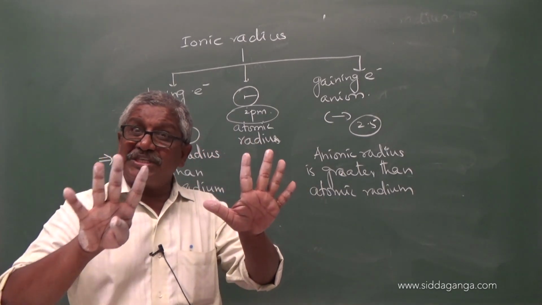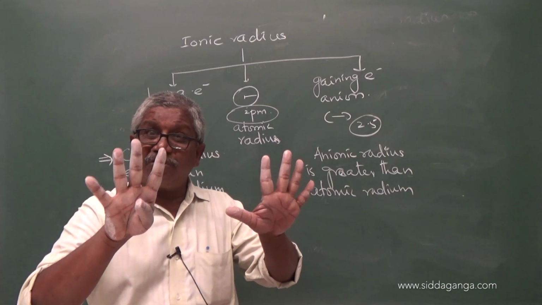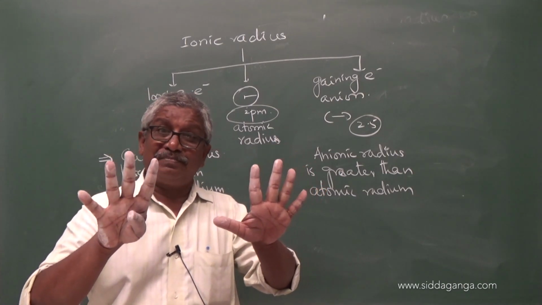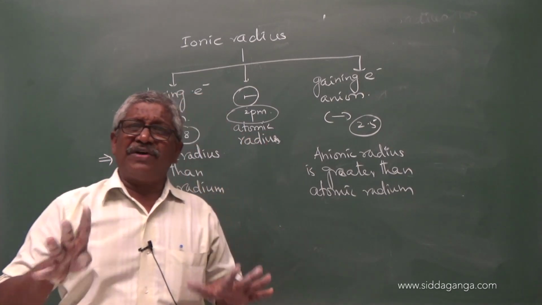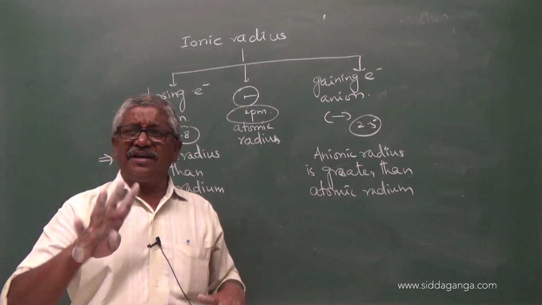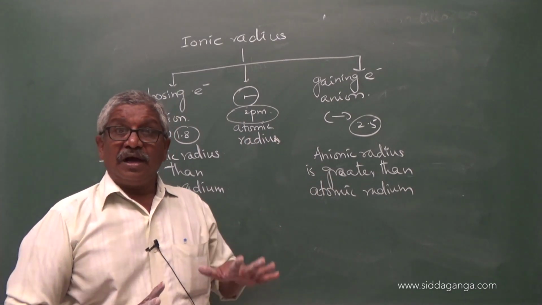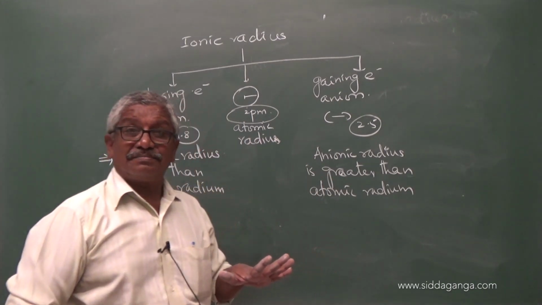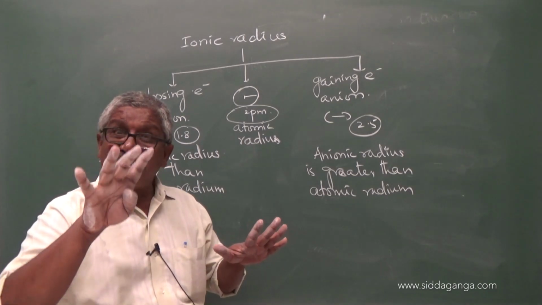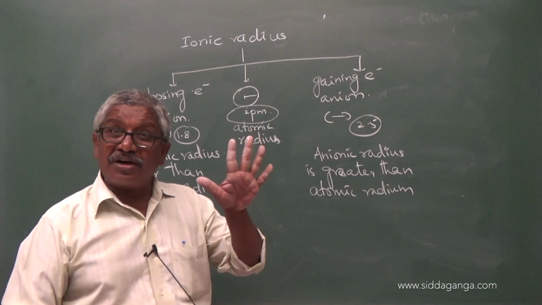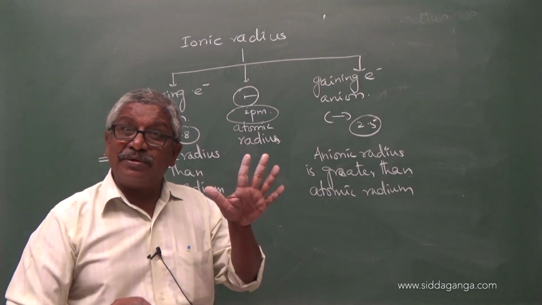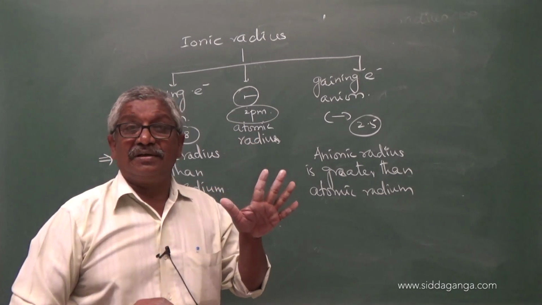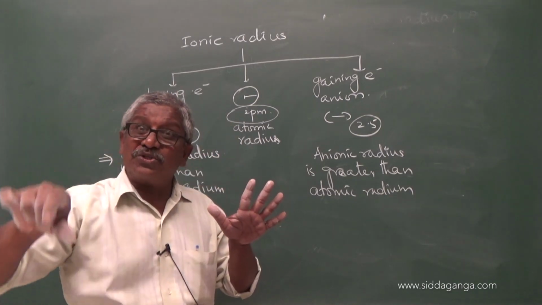But after losing 1 electron, only 4 electrons are available. If an atom has atomic number 5, 5 indicates 5 protons and 5 electrons. After losing an electron, the electron number decreases and the proton number is more. Where are protons available? In the nucleus. Electrons are available in the outermost orbit.